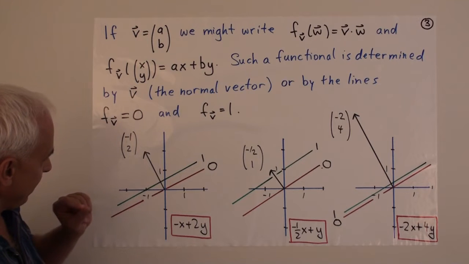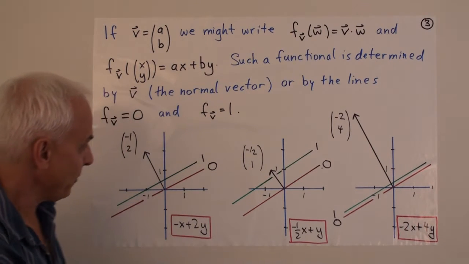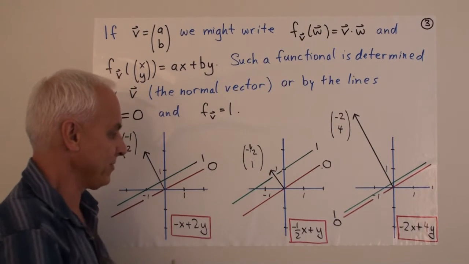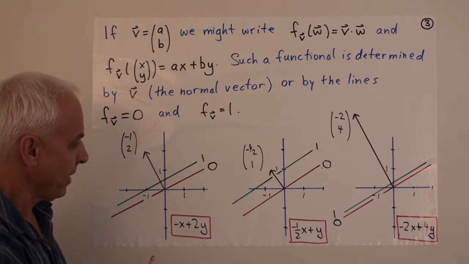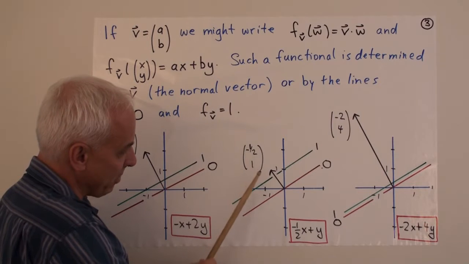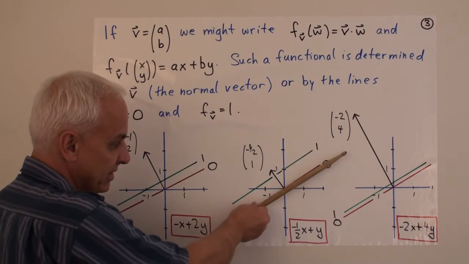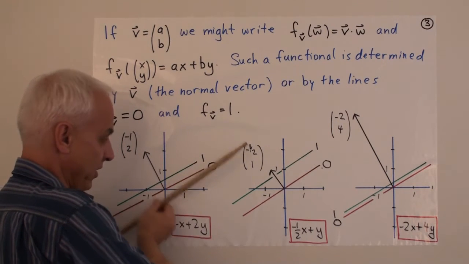Now suppose we shrink this vector by a factor of 2. So it's the vector now (-1/2, 1). It's the same direction but shrunk by a factor of 2. Now the new functional determined by this vector, which will be minus 1/2 x plus y, still has the same kernel as it was over here.